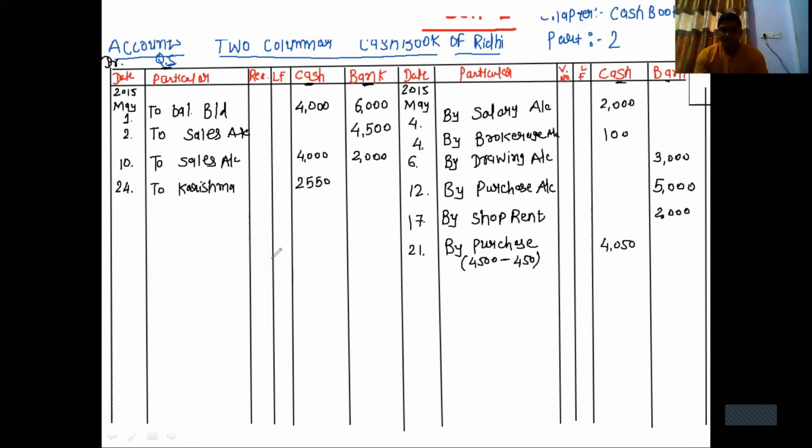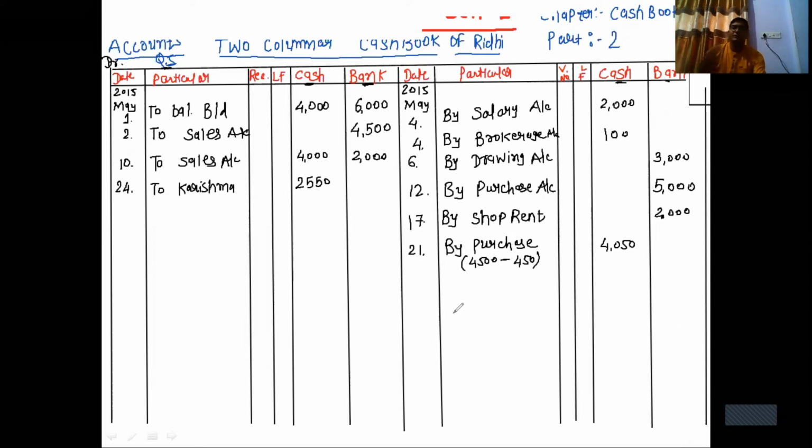Then after that, 26, Atma Kalyani has been paid 1200 towards full settlement of an old account. Here, we have paid 1200 to Atma Kalyani towards full settlement of an old account.